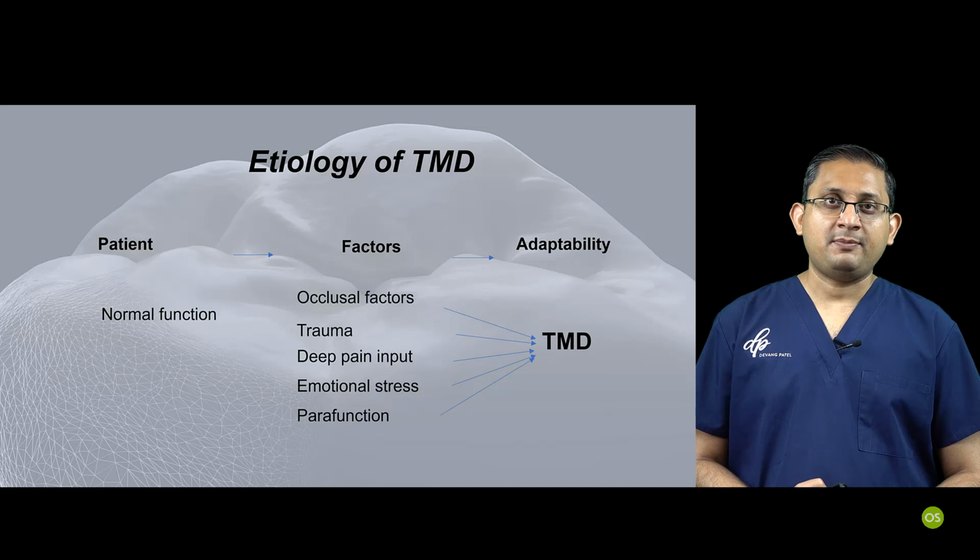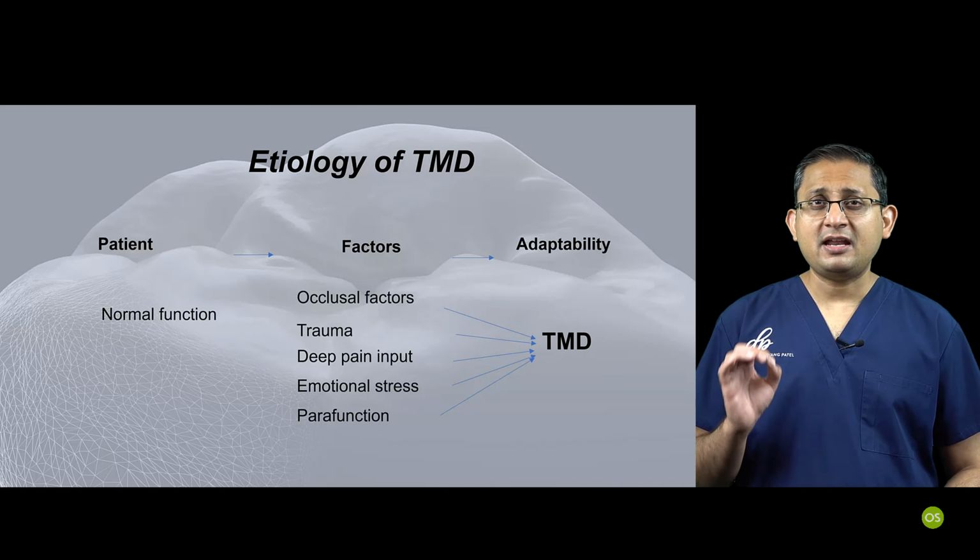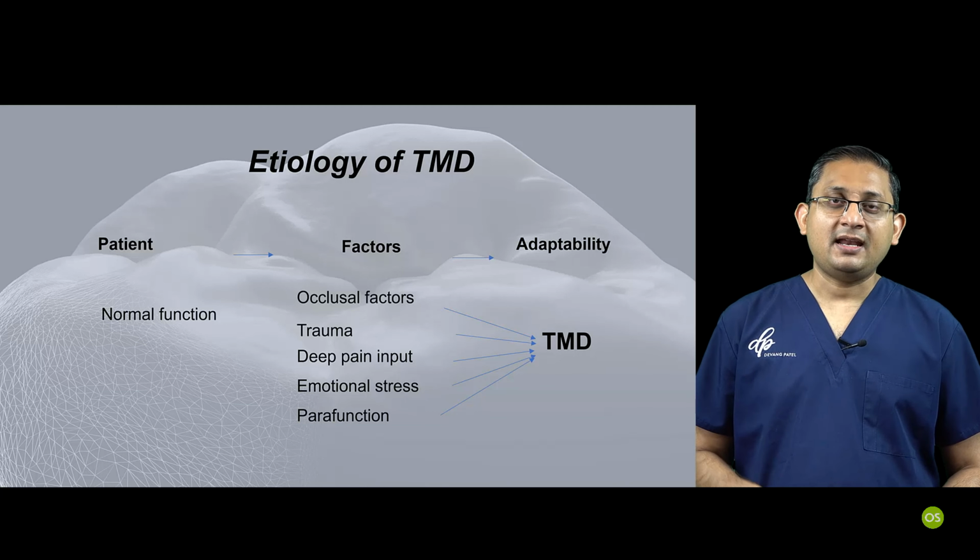And this is very well described by Dr. Jeffrey Okeson, and I would highly recommend you read his books and follow him if you're really interested in TMD. But the adaptability of the patient, which I have seen in my own experience as well, is a very crucial factor. You have seen patients where someone else, or you, left a restoration high and they come back and there's no pain, whereas with some patients you have meticulously adjusted the occlusion and it is perfect, the patient comes back with a very small tiny spot and they are in pain, and as soon as you remove that spot, the patient feels much better.